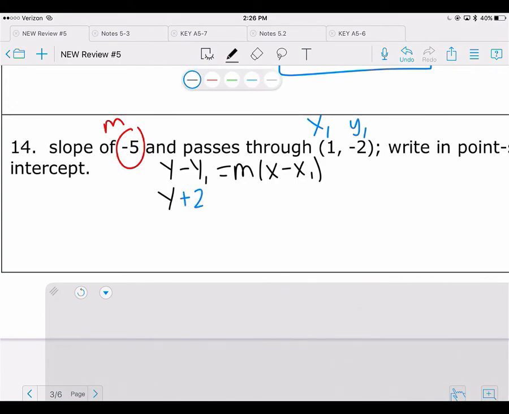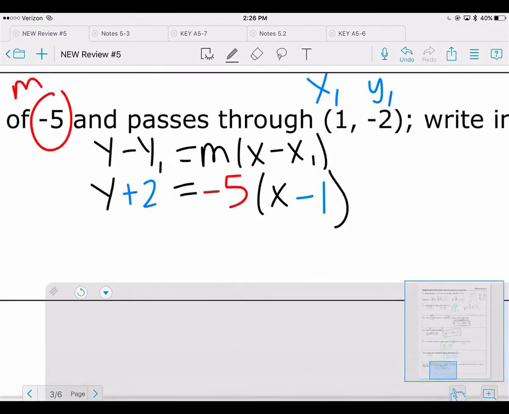My y1 point of -2 gets changed to a +2 because minus minus is really a plus. And then my +1 turns into a -1. So again, when you plug in your points with point-slope, they change signs.